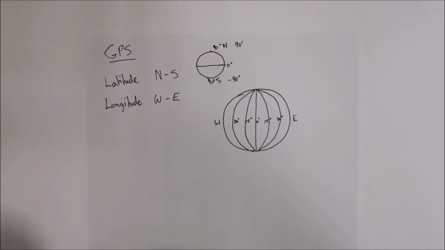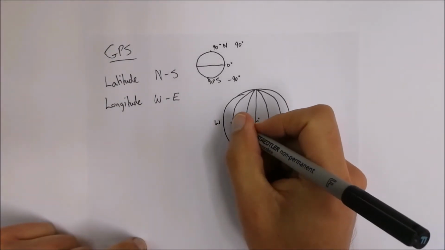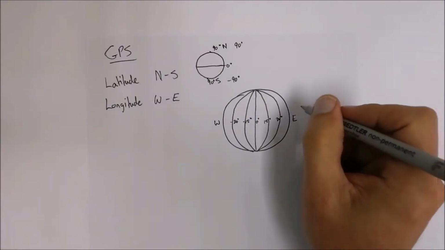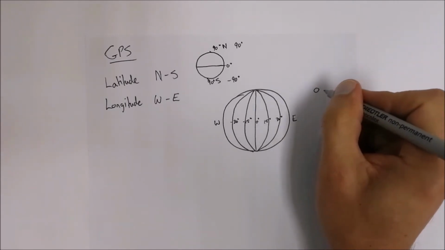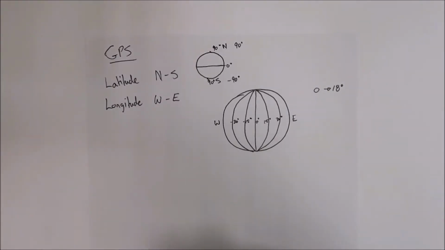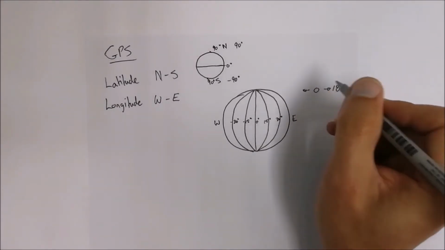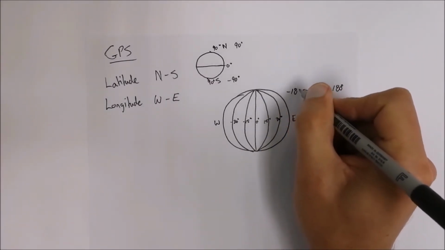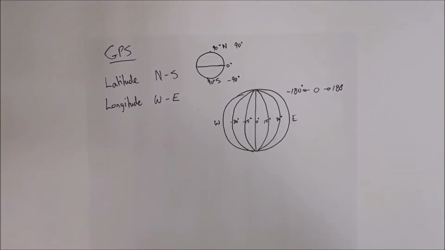And a way to differentiate between the east and the west is that west would often have a negative connotation like that. So in this way we're able to identify our positions, and keep in mind that longitude goes from 0 degrees up to 180 degrees, which would be to the east, and then also to minus 180 degrees, which will be to the west.